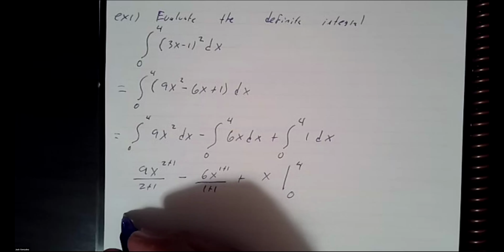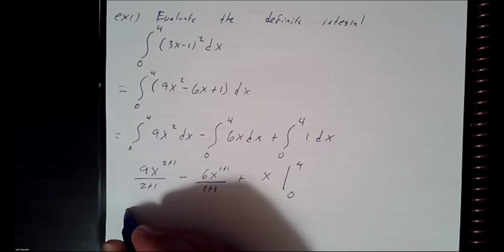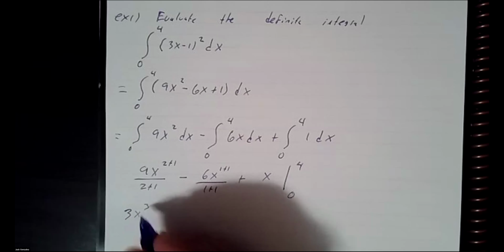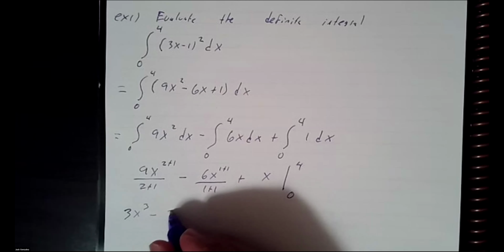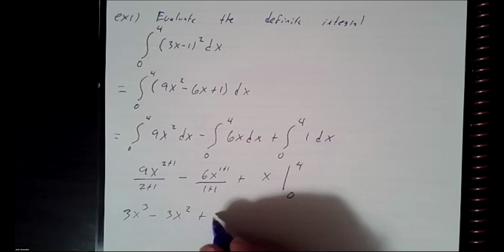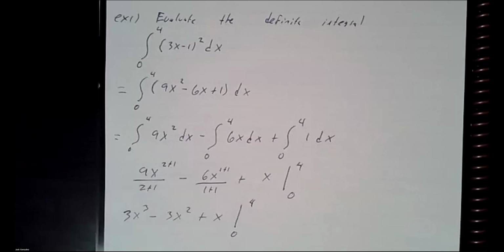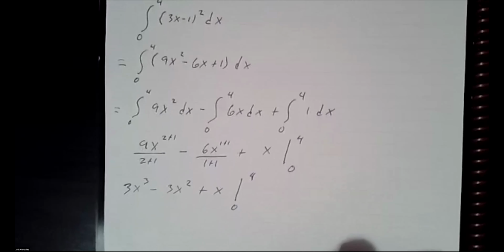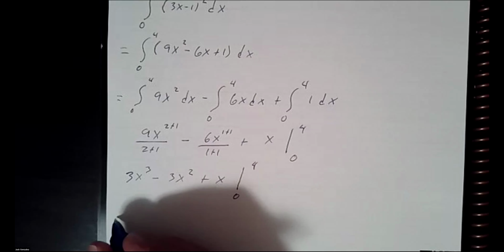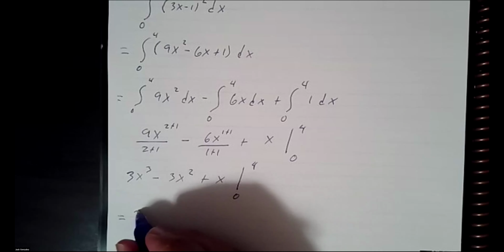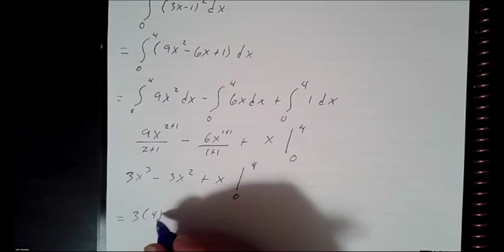So this will become 3x cubed minus 3x squared plus x. Let's skip some minor algebra because I'm running out of space. So now evaluate, and you're done. So top minus the bottom.